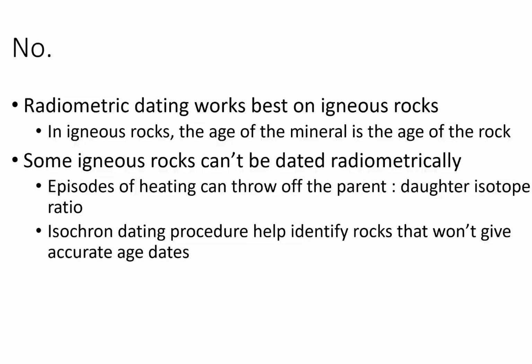I also mentioned in a previous video that there's a form of radiometric dating called isochron dating, and when you do the analysis for isochron dating, it becomes pretty clear if your rock is one of those where there was a heating event that threw off the parent-daughter isotope ratios, and in that case, you would not be able to use that rock for radiometric dating.